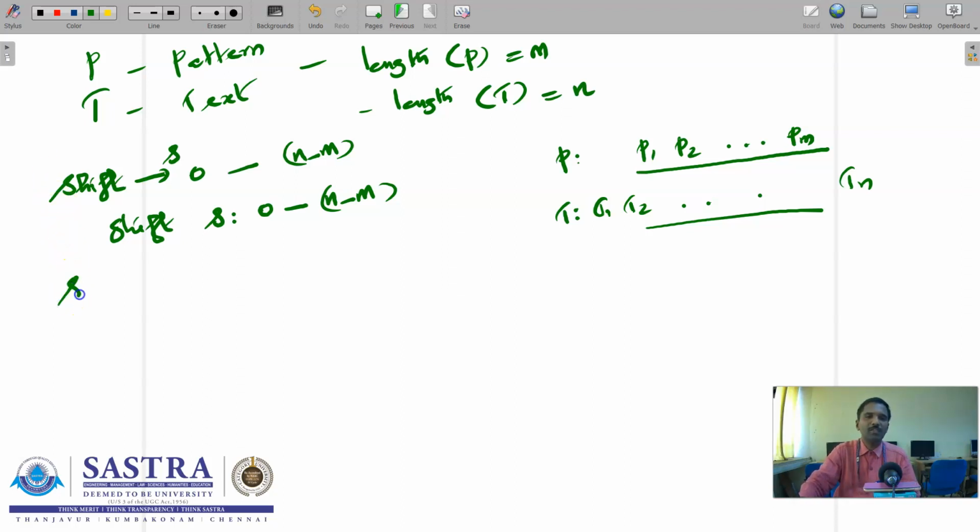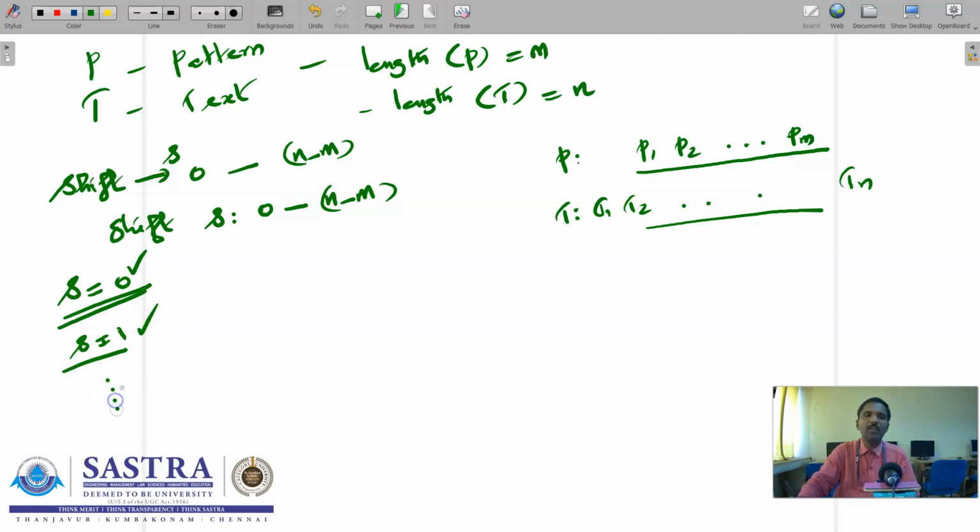Initially, we start at shift S equal to 0. In the first shift, we compare the M pattern characters with the M text characters. In case there is a mismatch, in the worst case, after checking all characters in the pattern array with the text array, we increment the shift to S equal to 1.